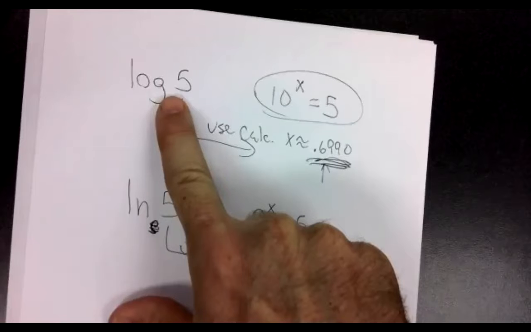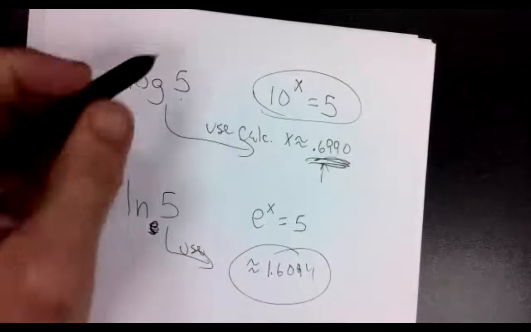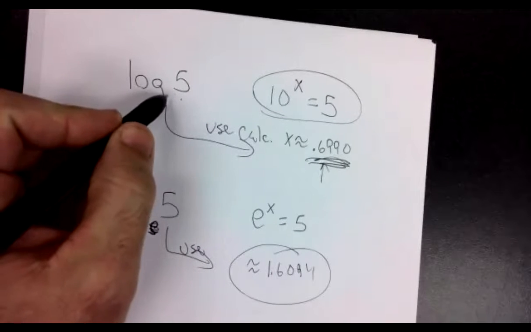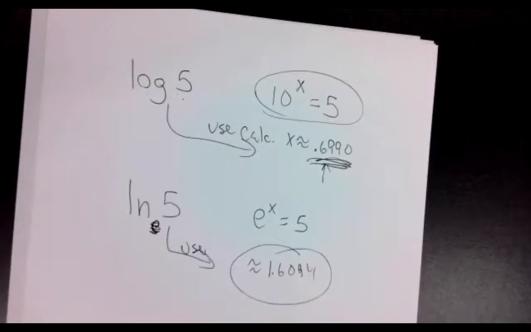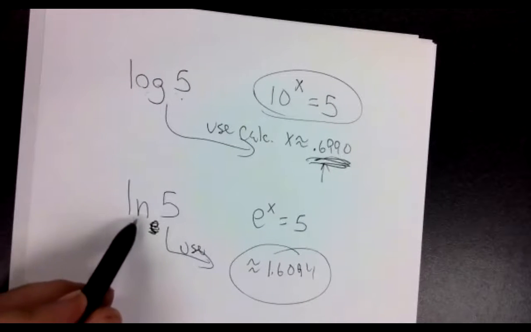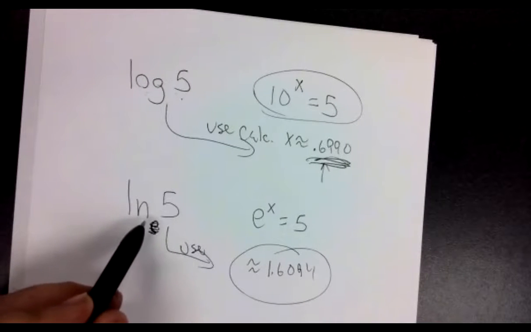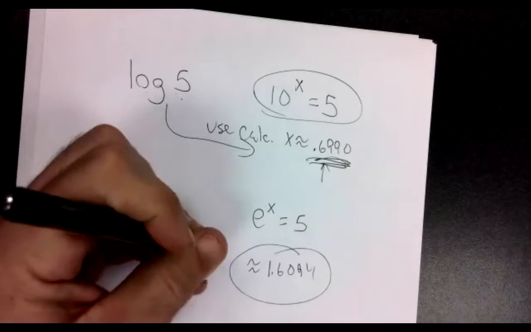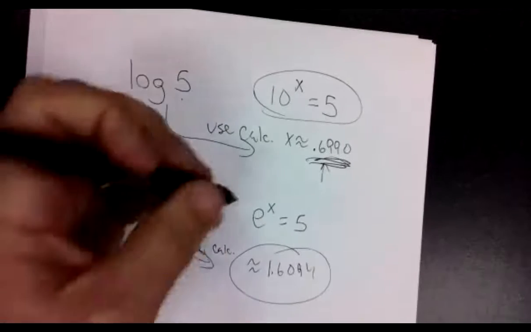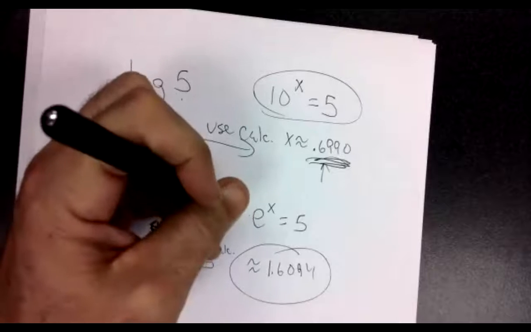So log with no apparent base. If there's no number here, it's a 10. If we need to approximate it, we're going to use our calculator. Same thing, if you have the natural log, that ln means natural log, it's base E. And again, we're going to use our calculator. This is just what it's asking.